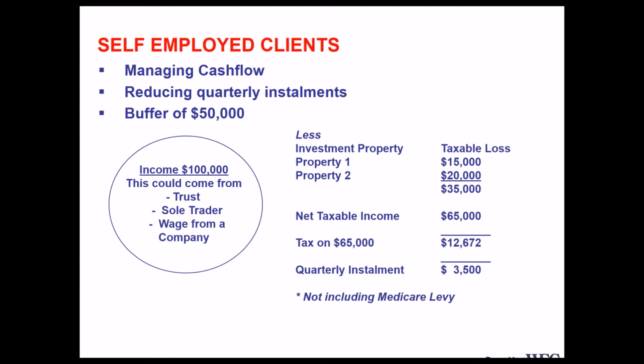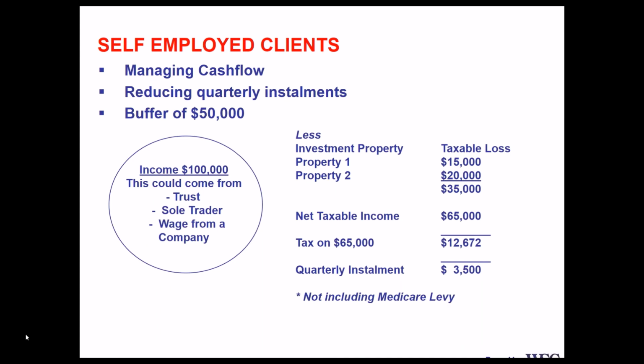We've excluded the Medicare levy for this purpose, but your quarterly tax instalment is $3,500. So instead of paying say $5,000 to $6,000 in your quarterly tax instalment, we just pay $3,500. That's really how we get the benefit of the tax variation when you're a self-employed client.